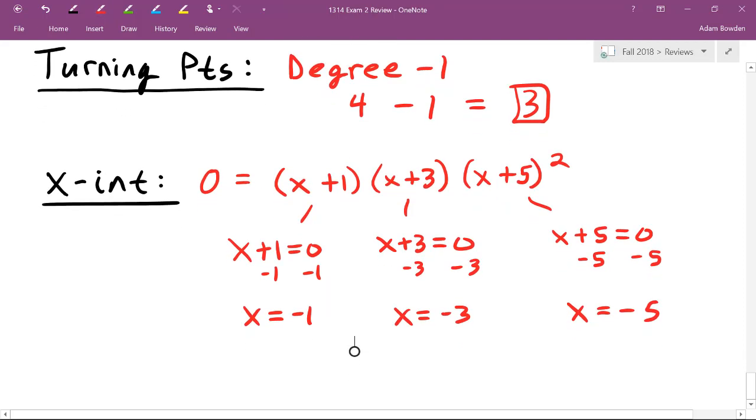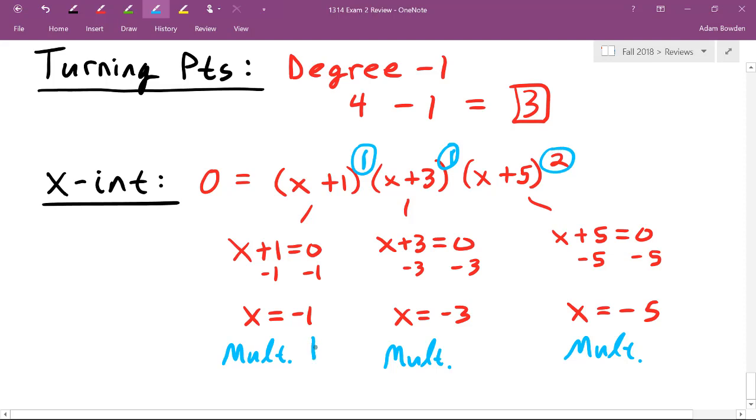Now it asks us to see if it touches or crosses at each one of our x-intercepts. And that's going to be based on the idea of the multiplicities. So for each one of these, we'll write down their multiplicity. And again, multiplicity comes from the powers above each of the factors up here. So this one has multiplicity 1, this one is 1, and this one is multiplicity 2.